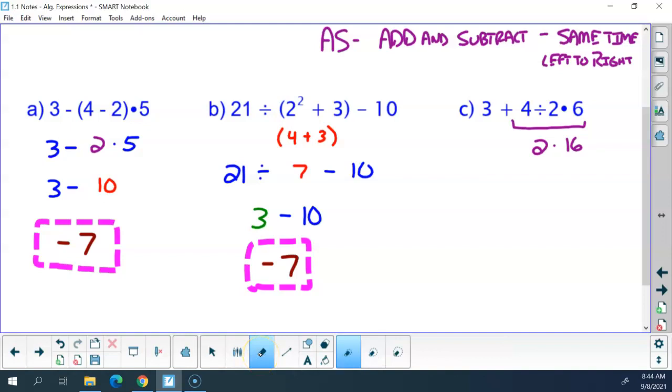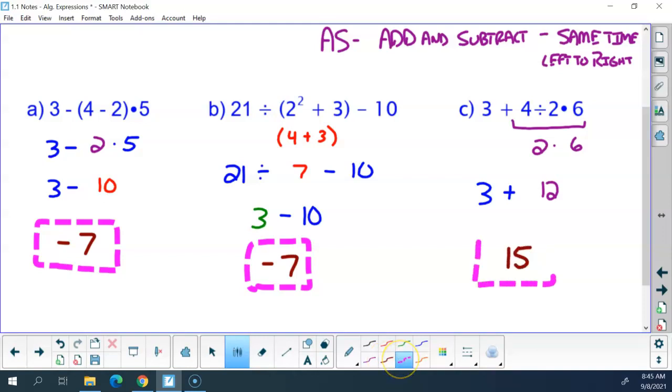Times 6 is 12. 3 plus 12 is 15. Do we agree on that one? Okay. I do that whole purple conglomerate all at the same time because it's both multiplication and division. Okay. Love it.